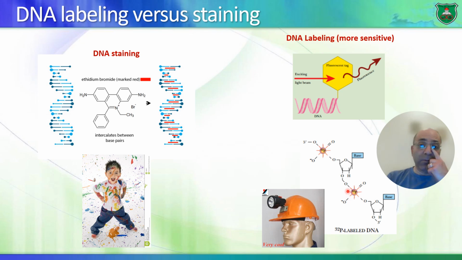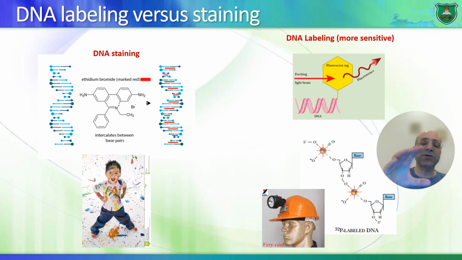So the DNA itself gives out the signal, or we can attach covalently a certain dye, a certain molecule that when it's hit by light at a certain wavelength, energy is released in the form of light at a different wavelength, a different color.